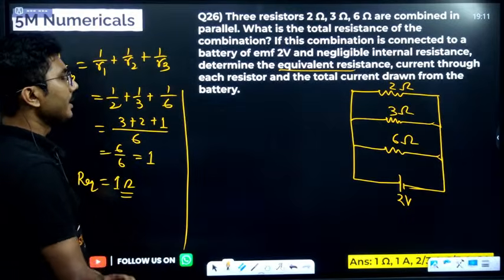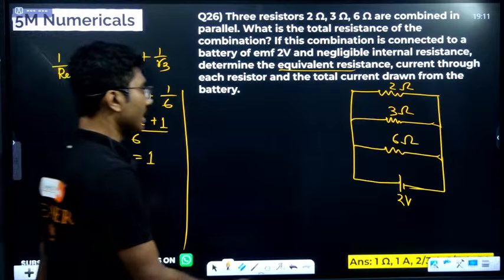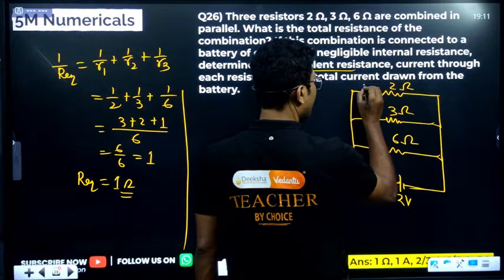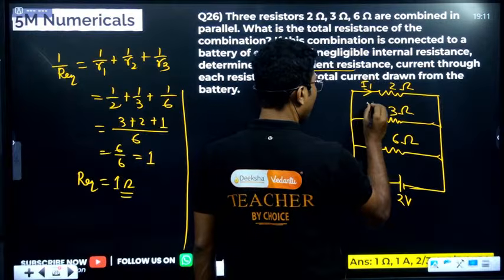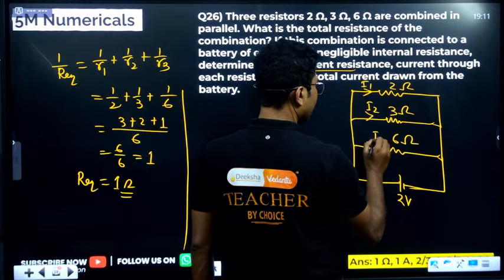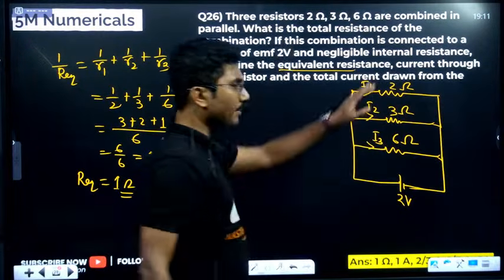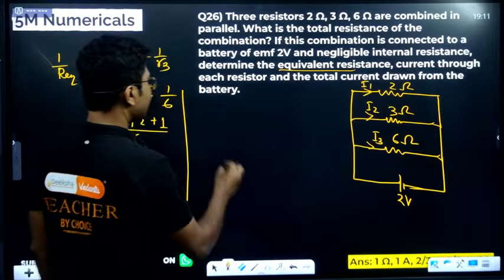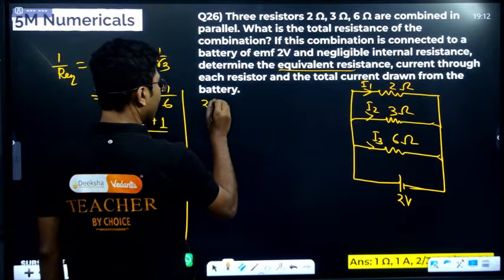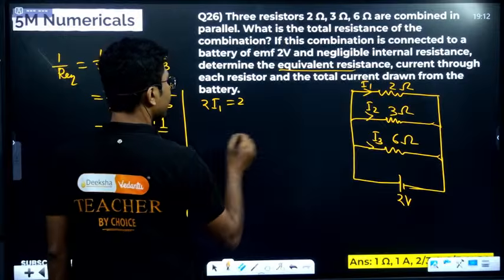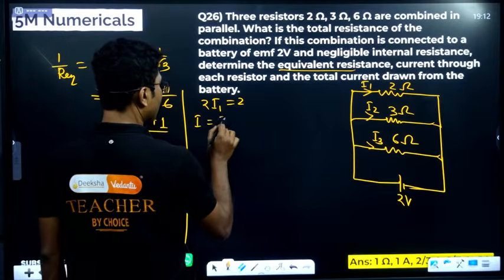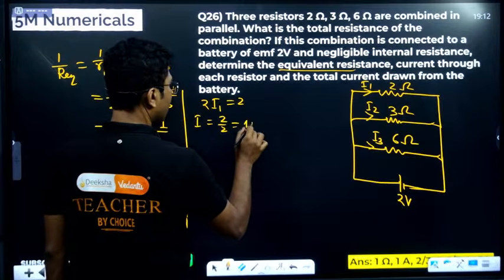Next part is current through each resistor. Current through each resistor will be different: I1, I2, I3, right? And each of them is connected in parallel. So we can say that 2I1 equals the voltage. So I1 equals 2 by 2, that is 1 ampere.